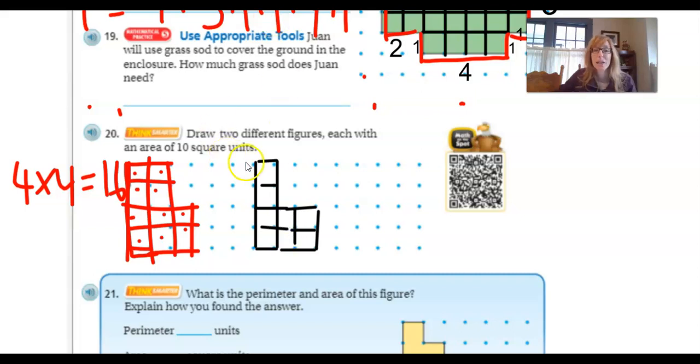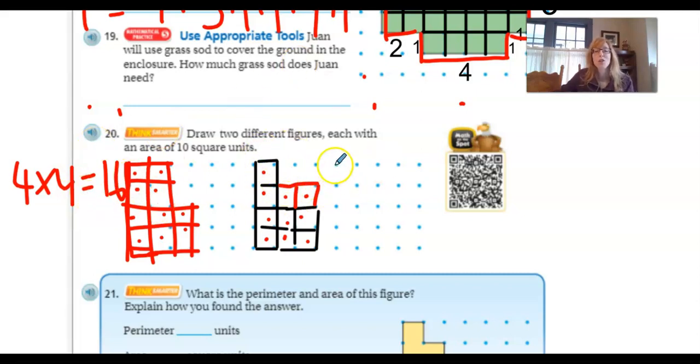I might need to add some more. 1, 2, 3, 4, 5, 6, 7, 8. I need to add 2 more boxes. Okay, so I'm going to just add it straight over here. So there's 8, 9, 10. And my chair is a little bit different this time.